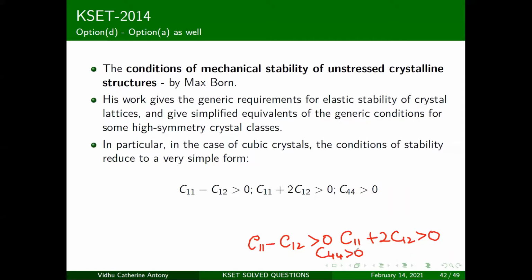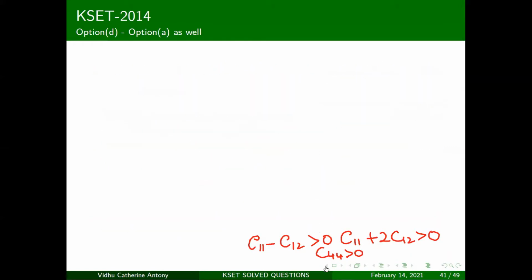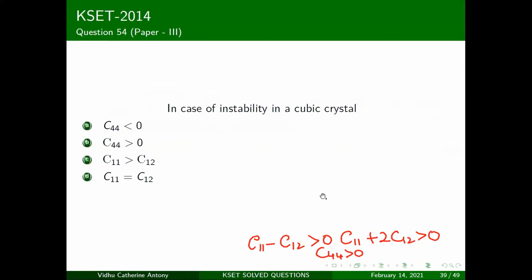Let me just write that down. If you go back to your question, the case of instability of a cubic crystal: C44 is greater than 0. They're looking for instability. These are called the stability conditions.